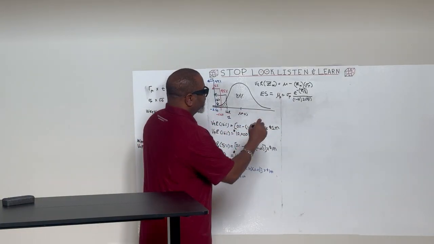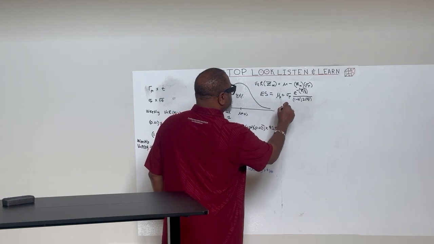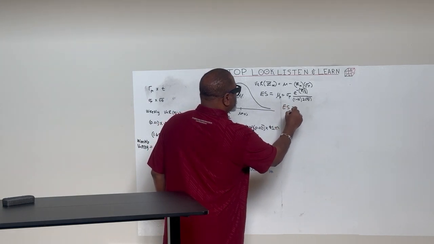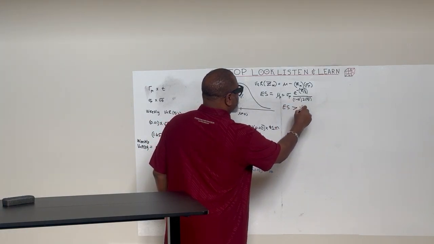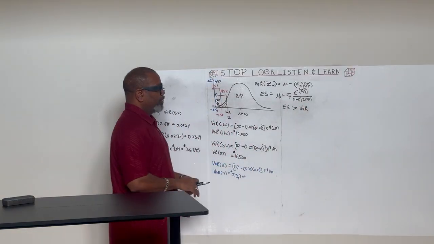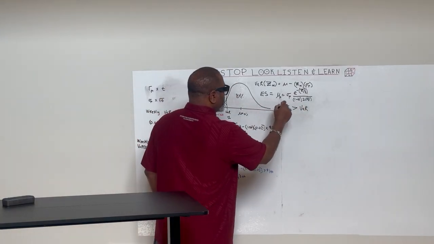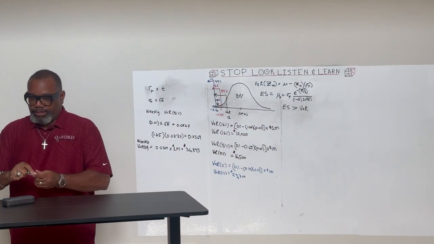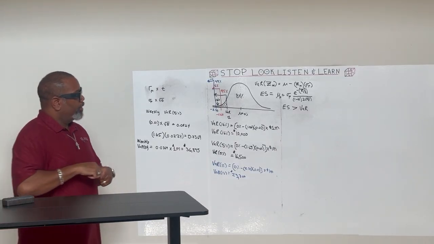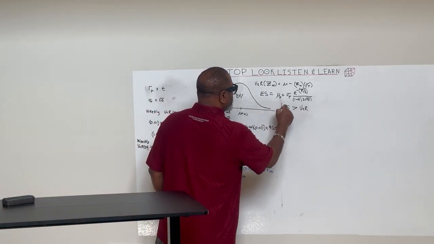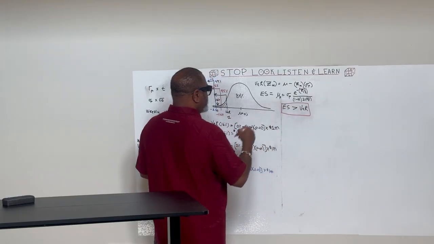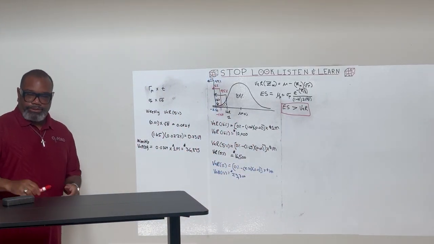And one key point is that the expected shortfall will always be greater than the VaR. Let me just write that in a different color. So that's another point that you want to take away for the exam.